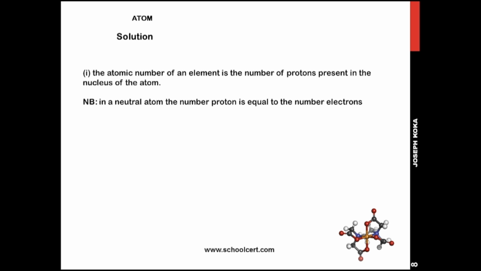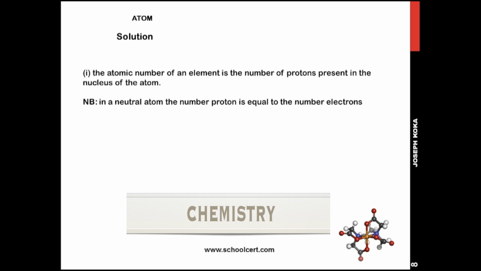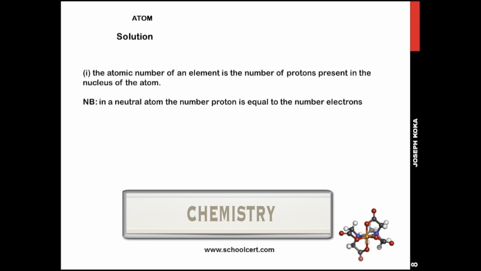Now we are to define atomic number of an element. The atomic number of an element is the number of protons present in the nucleus of the atom.